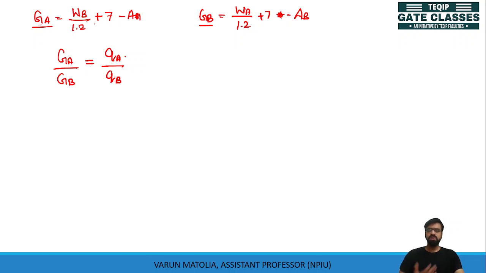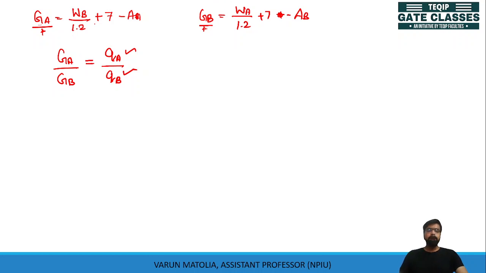If this ratio is okay, we have no problem. But if the ratio is not equal, we should fix one value and find the other value of time. We can use one value out of GA or GB and calculate the other value in order to accommodate the traffic volume in this section.